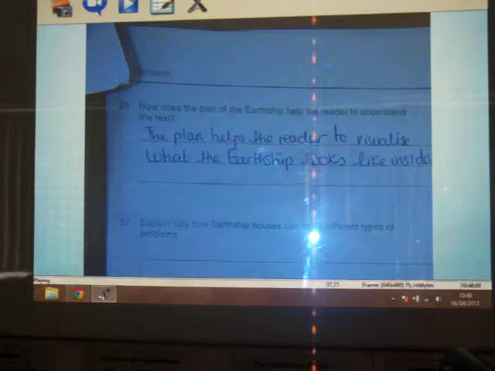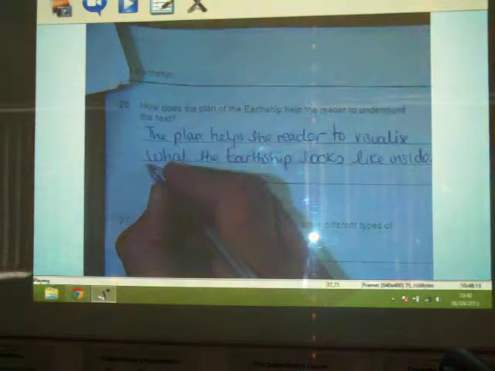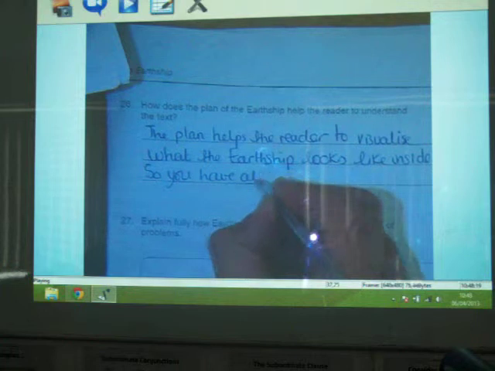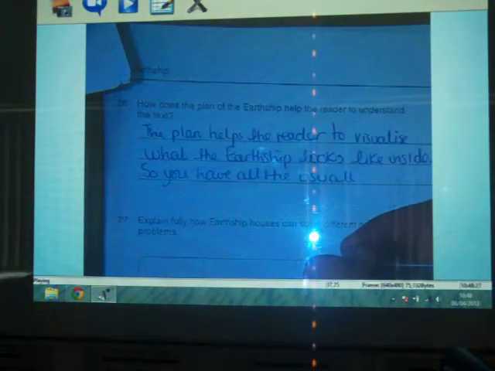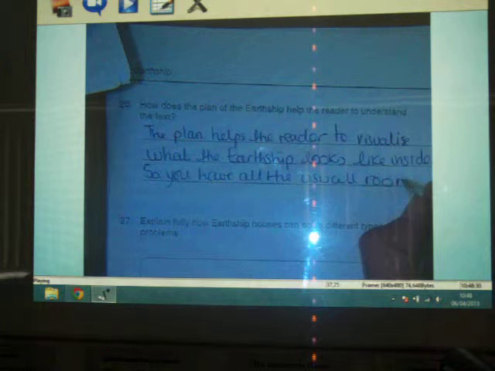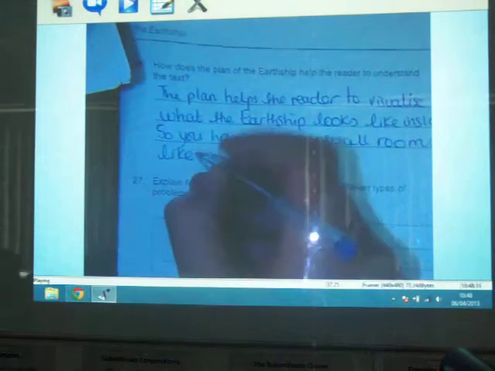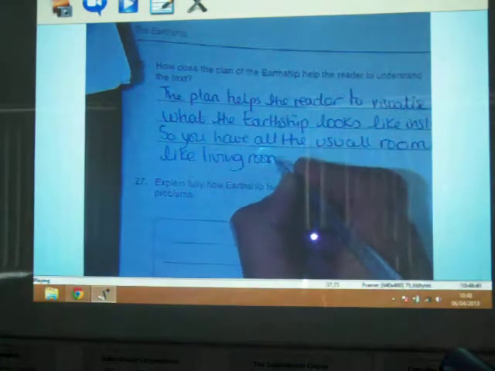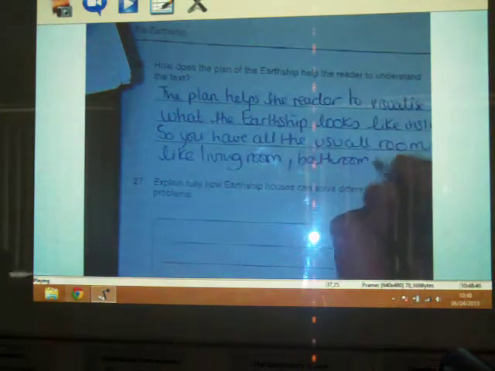Even though it's a futuristic thing, you have all the usual rooms, like living room, bathroom.